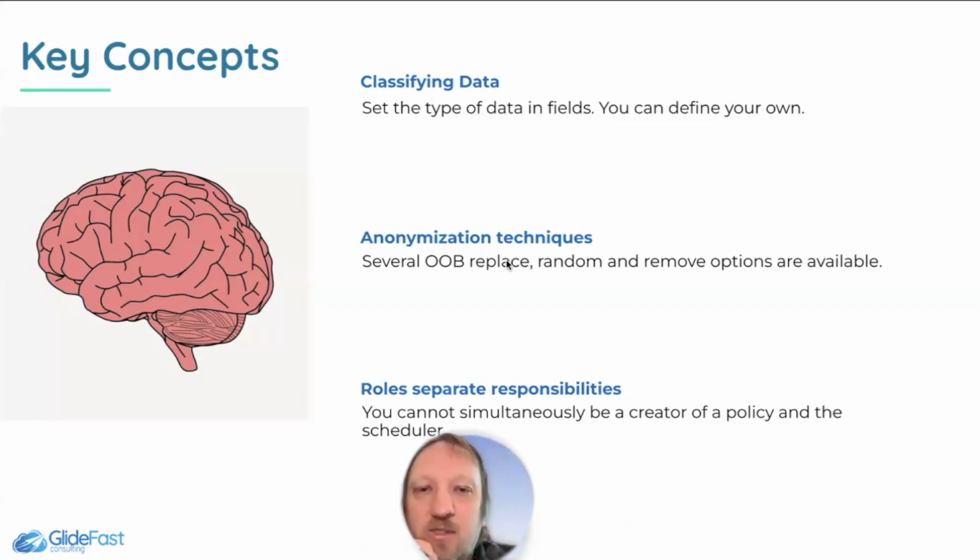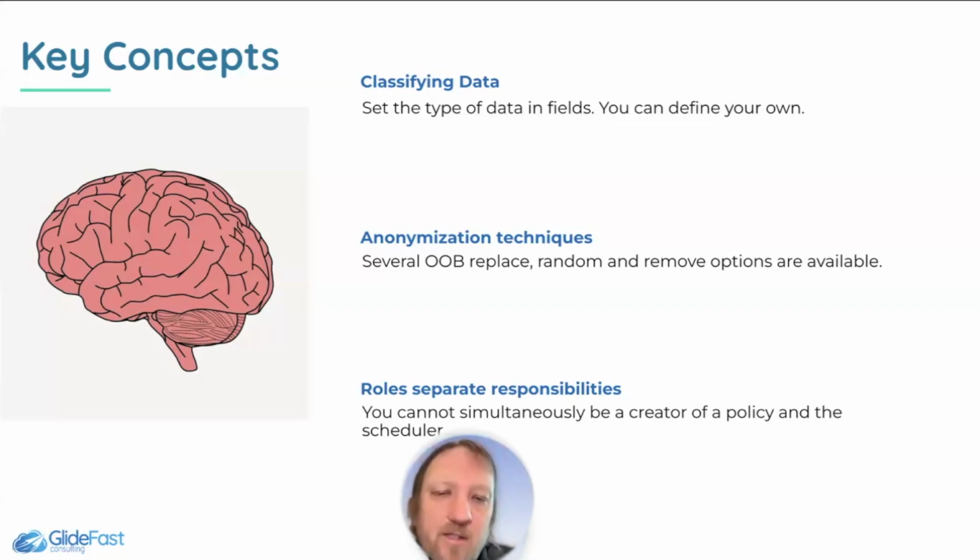The anonymization techniques. There's a bunch of out of box techniques for doing the anonymization when you schedule that. There are several out of box replace options, a few varieties of that. There's a random option, and then there's just a clear out the field that's available.